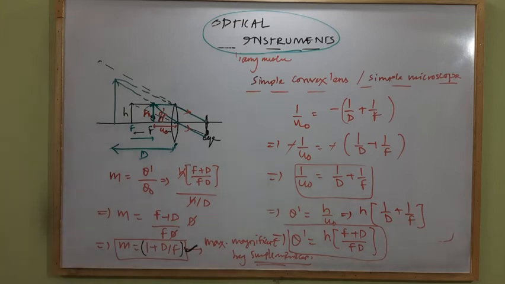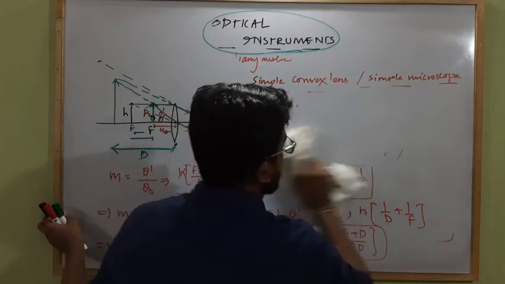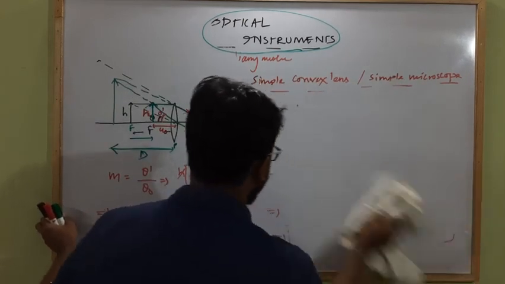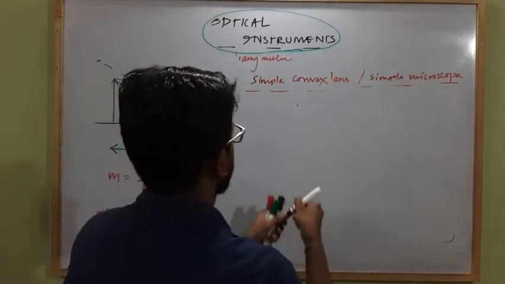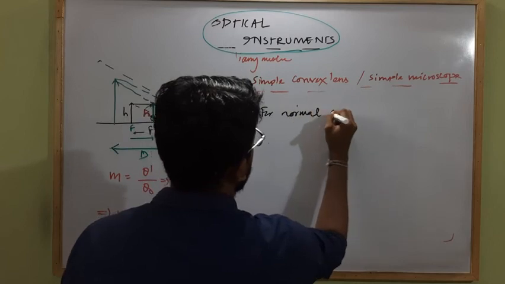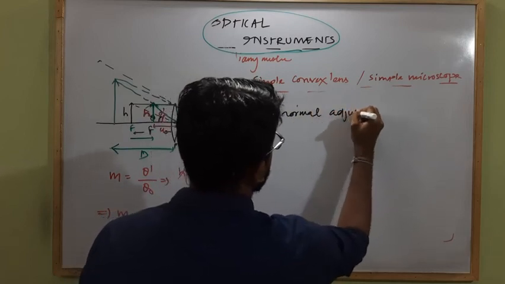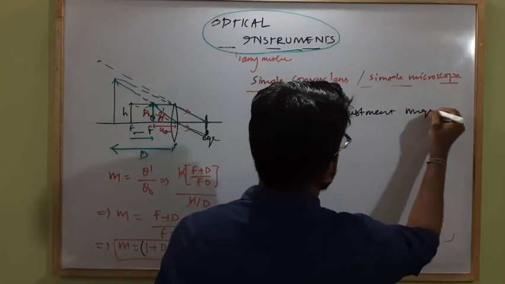Clear? So in case of simple microscope, we can remember the formula that for normal adjustment, image is formed at what?